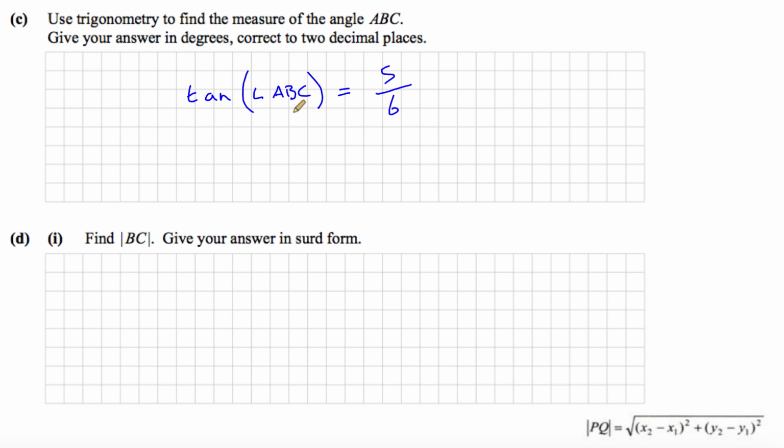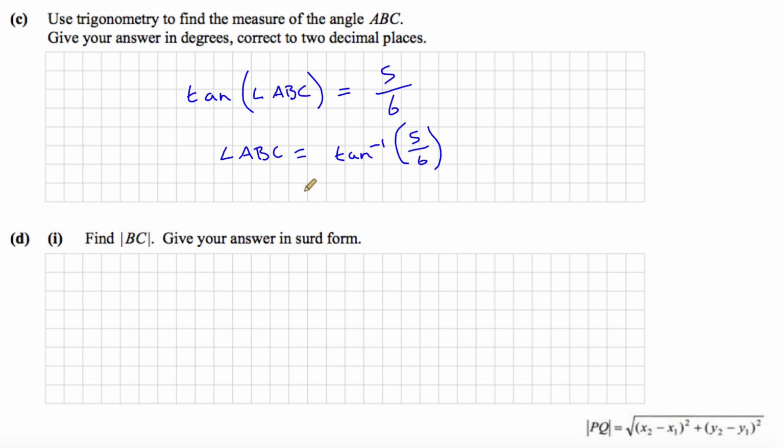And that means if the tan of an angle is this fraction, we can then find the angle ABC, which will be equal to the inverse tan, so you press shift tan on your calculator, of 5/6.